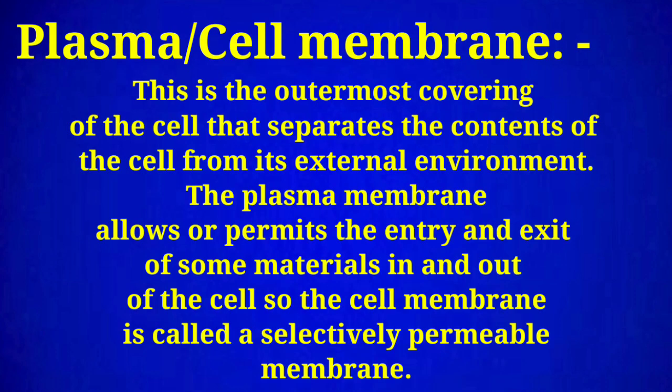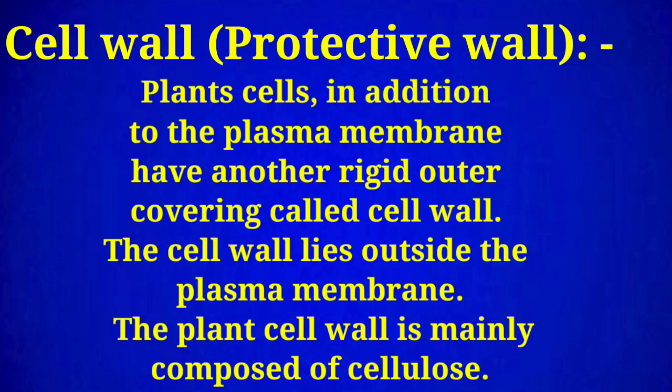Plasma or cell membrane. This is the outermost covering of the cell that separates the contents of the cell from its external environment. The plasma membrane allows or permits the entry and exit of some materials in and out of the cell. So the cell membrane is called a selectively permeable membrane. Cell wall, protective wall.